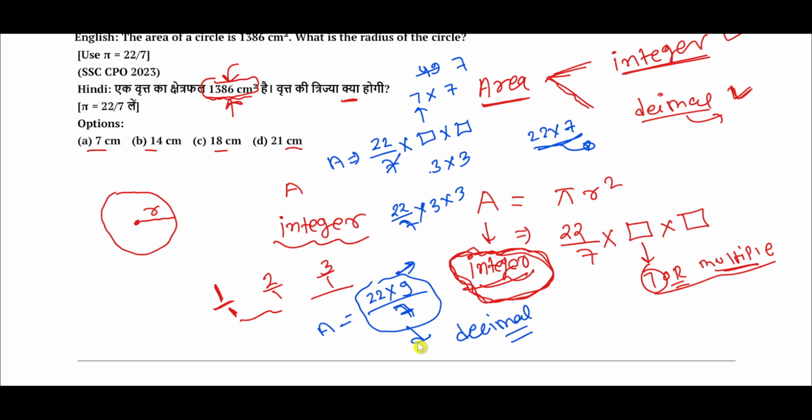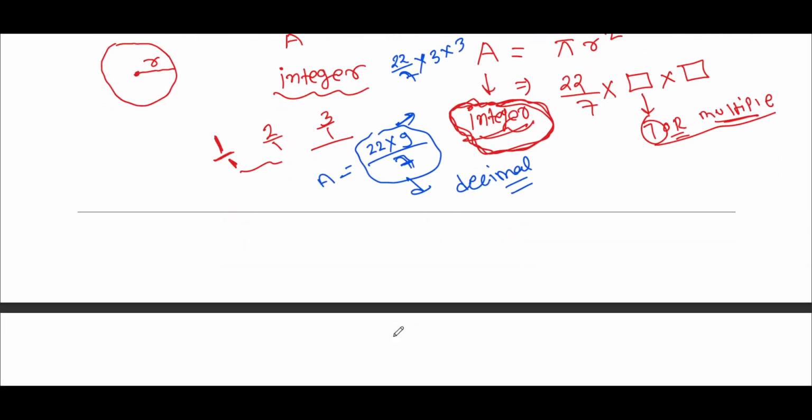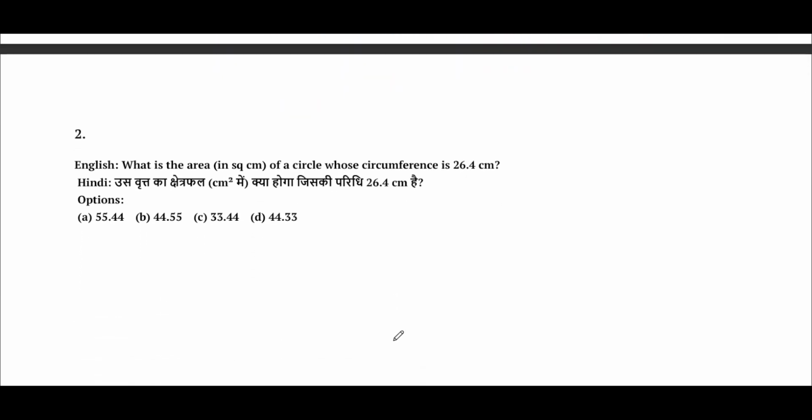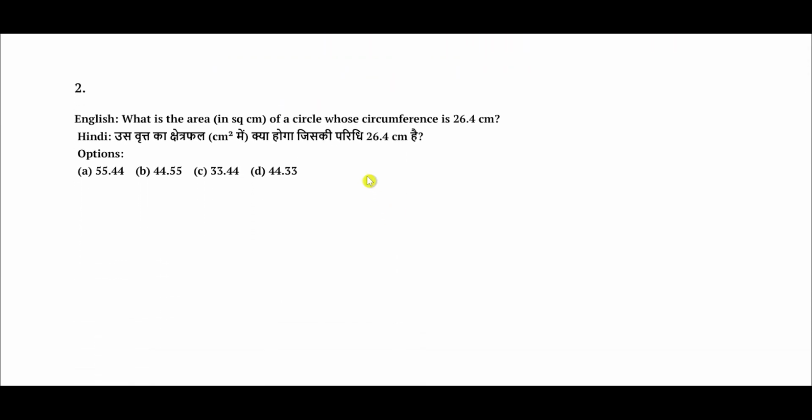The same thing happens if you have the formula for circumference. Circumference is 2 pi r.